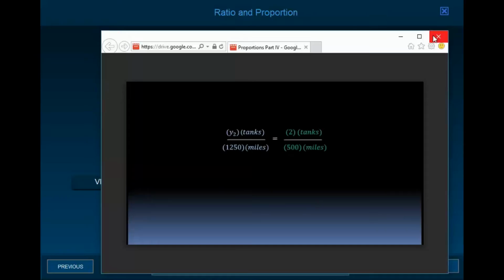Looking at our proportion, we see that we have y sub 2 over 1,250. If we're trying to solve for y sub 2, we are going to have to multiply by 1,250. So our first step is, with the left-hand side of the proportion, to multiply it by the expression 1,250 miles.